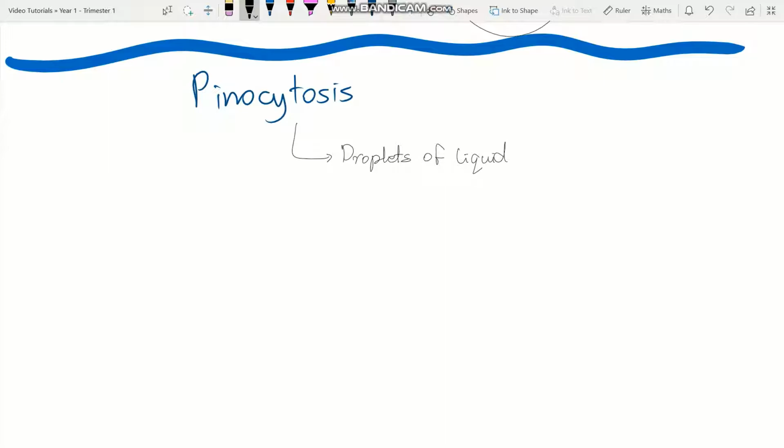So, in the same manner, droplets of liquid are transported into the cell through protein-coated vesicles. In this case, similar to phagocytosis, receptors are not required.